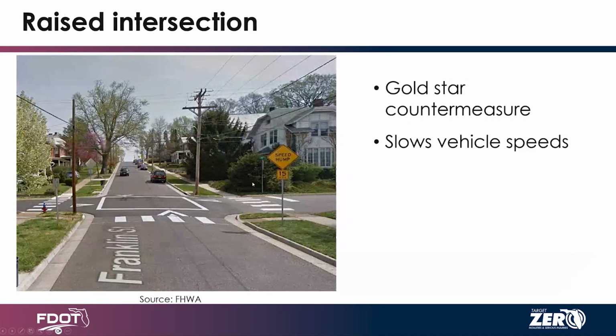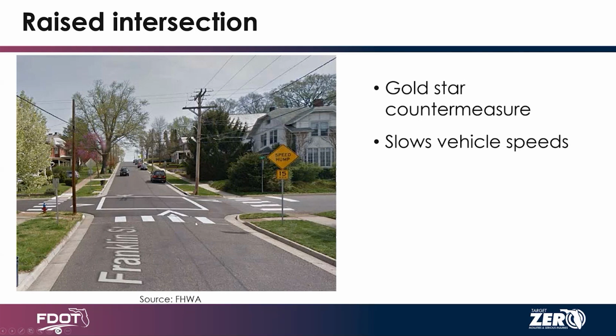Another countermeasure is raised intersections. It slows vehicle speeds, providing vertical deflection, and so it improves driver yielding to pedestrians crossing, especially at unsignalized locations. This is a pretty unique instance where the main line is still two-way stop control, so it's free flowing, but you still have a crosswalk, and drivers are more likely to slow down and yield to pedestrians.